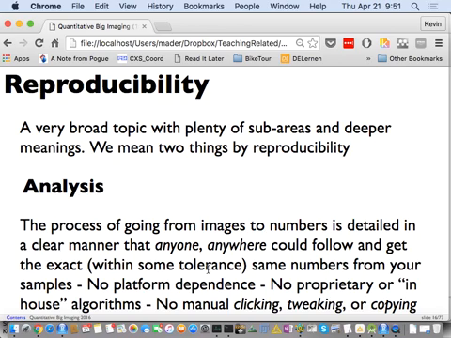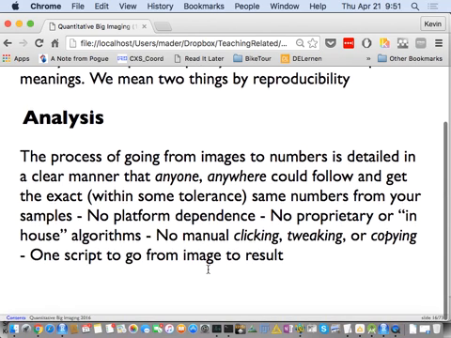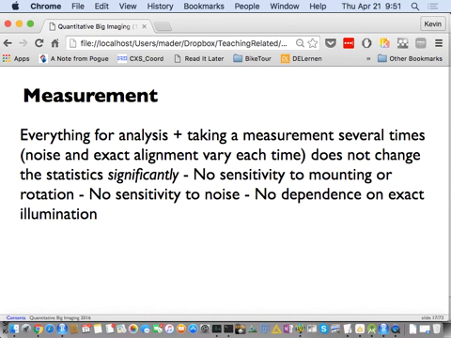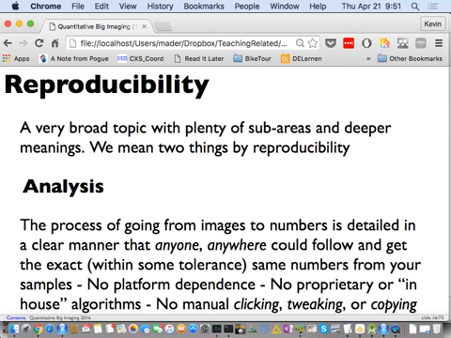So to move on to the next point, which is reproducibility, there are two main things that are meant by reproducibility. The first one is the analysis, and that's the process of going from images to numbers.